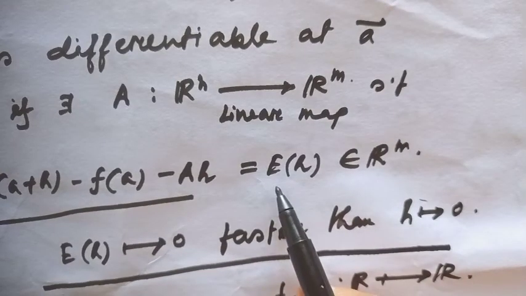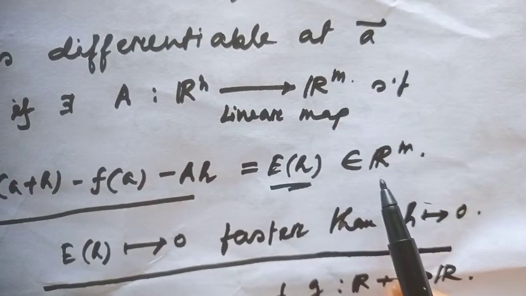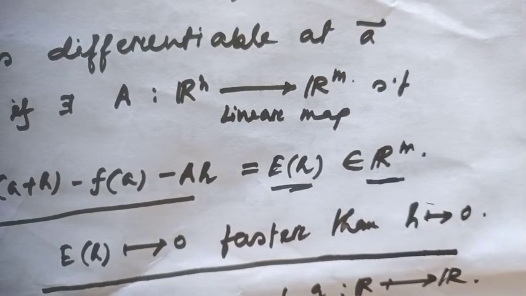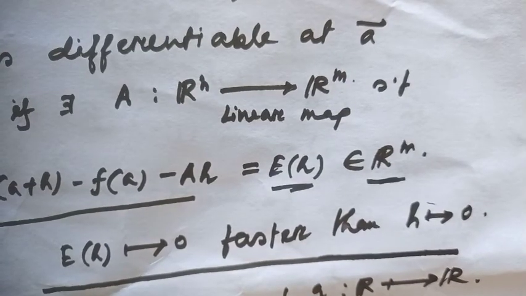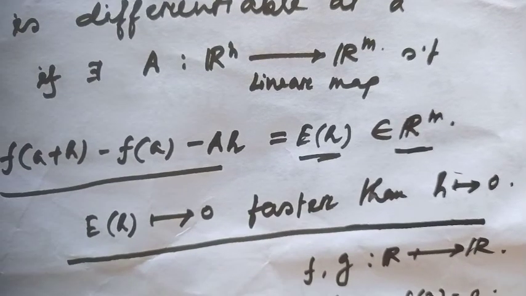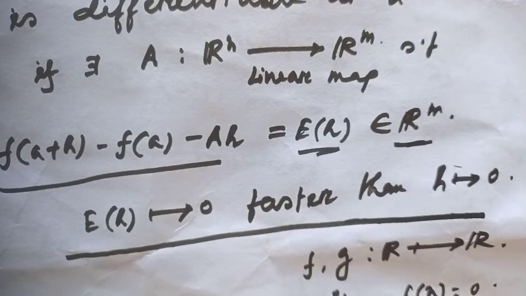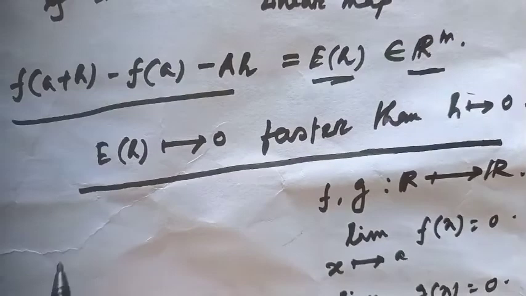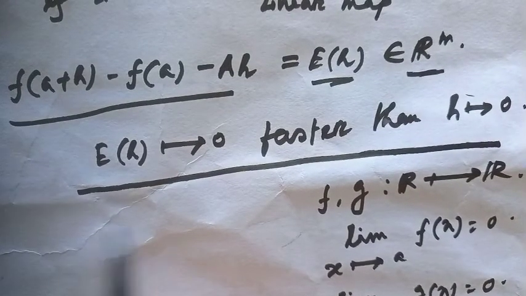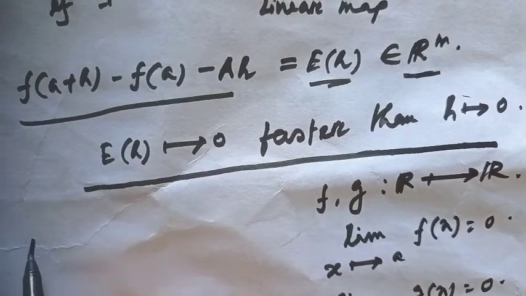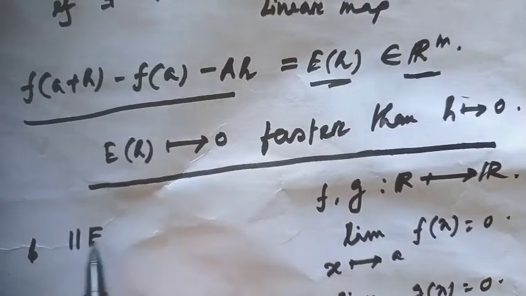Here, since h belongs to Rm, at first we have to put it in the real line. Then our actual aim is for this norm of E(h).